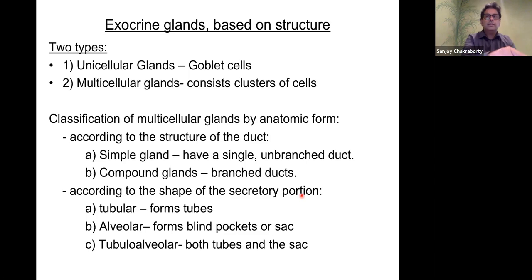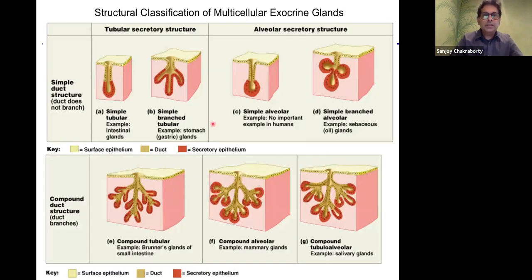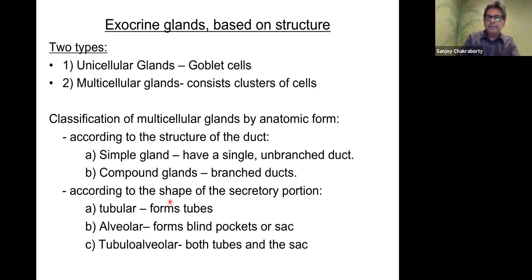So I'm going to focus right here, not going into detail. I'm not mentioning simple tubular or simple branched tubular, that detail is not required. I'm just using this picture, but explaining here. If the duct has a branch, we call it a compound gland. If there is a single duct, we call it a simple gland.